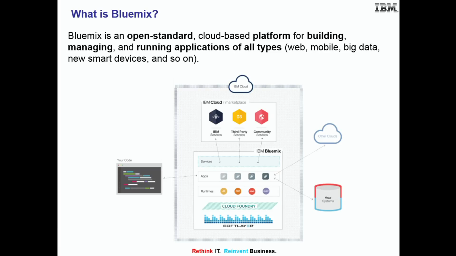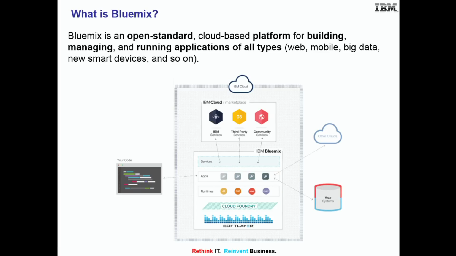By infrastructure, I mean middleware. This is basically databases, HTTP servers, application servers, compilers, runtime environments, etc. So within the Bluemix platform, you can order this kind of service, and you take care only of your application code.